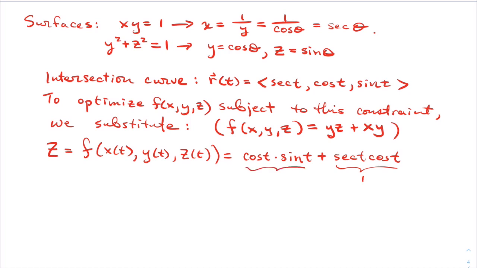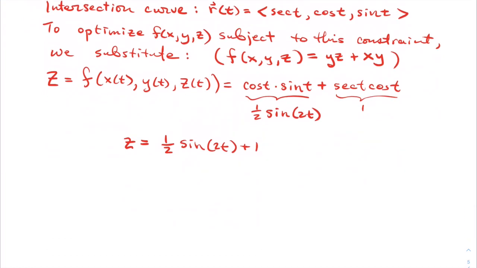You can use a double angle formula and say that this is actually 1/2 of sine 2t. So now z is just 1/2 sine 2t plus 1, like that.